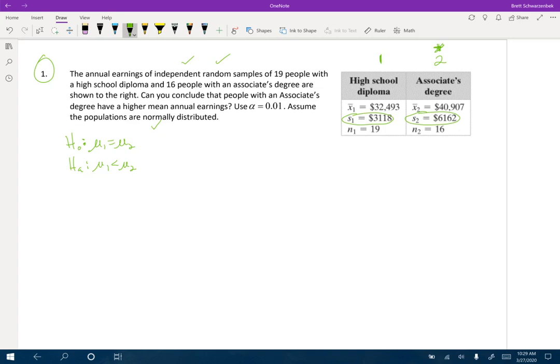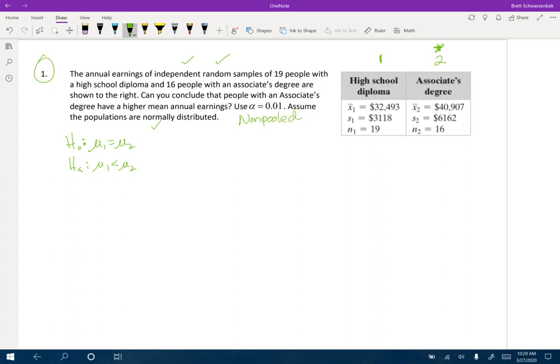Now note, believe it or not, in terms of statistics, a 2-to-1 ratio is often the requirement for a non-pooled scenario. I don't know if they mentioned that in the book or not, but it's something that I've learned in the past, so worth noting that that's often a sort of requirement for that. So in this scenario, just as one is significantly larger than the other, we're going to go in the non-pooled direction.